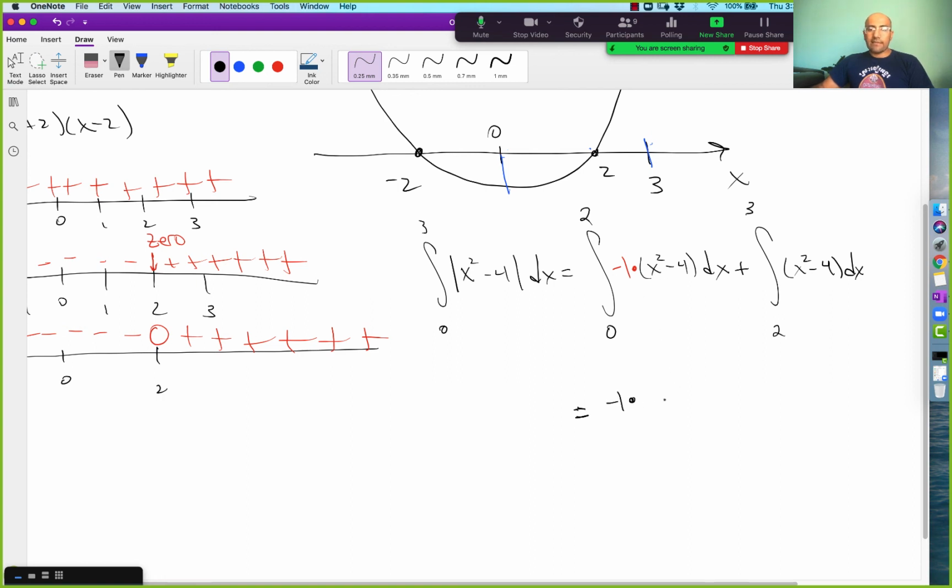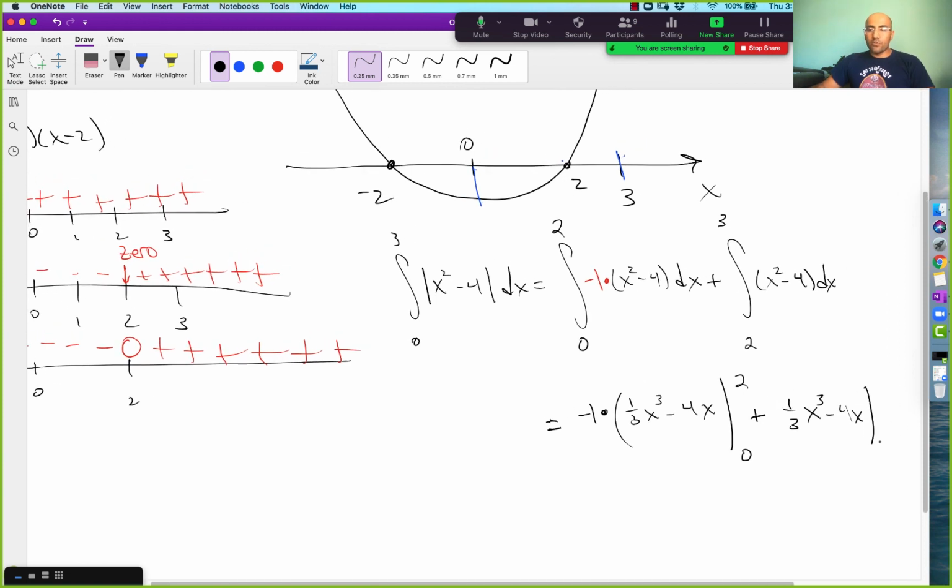And now finding the antiderivatives, I'll end up with 1/3 x to the third power minus 4x, evaluated from 0 to 2. Good. Plus, it's going to be the exact same antiderivative here, 1/3 x to the third power minus 4x, evaluated from 2 to 3.